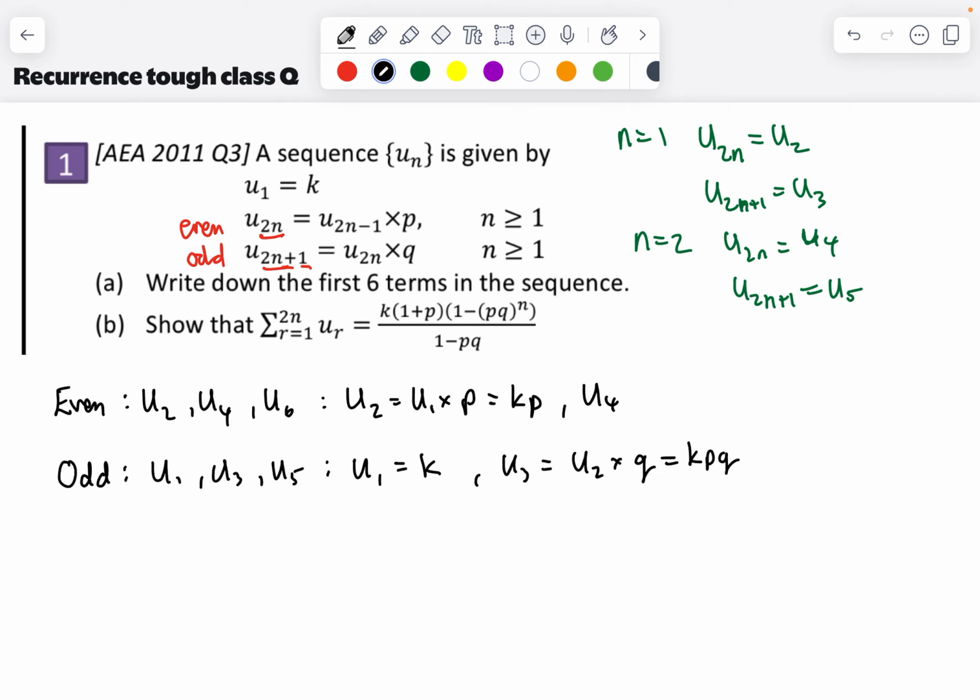And then we have u4. Remember, u4 would be the term before, u3, times p.